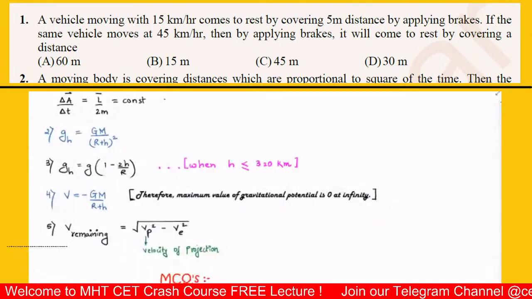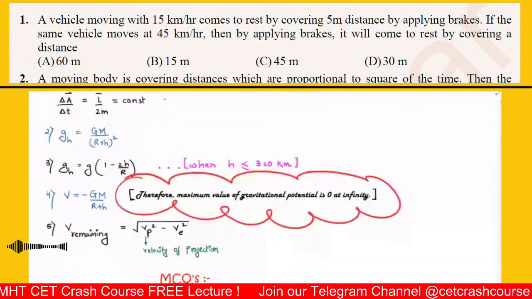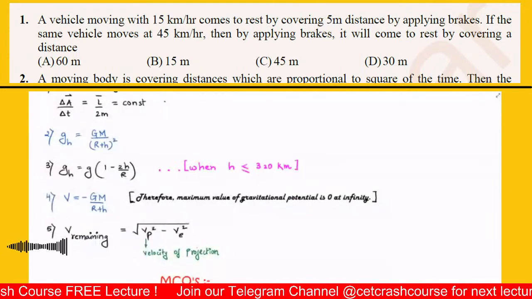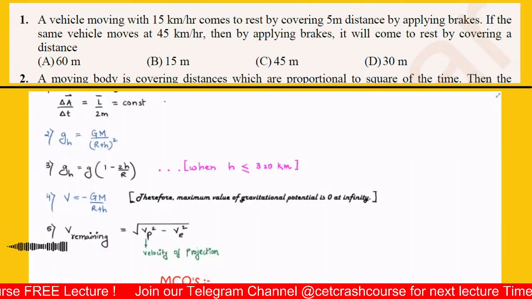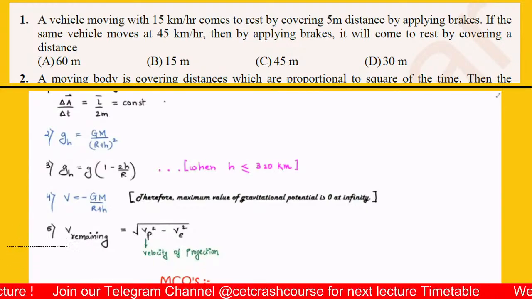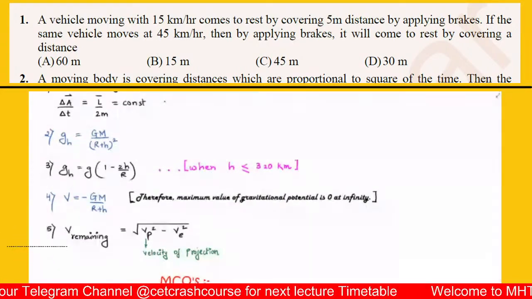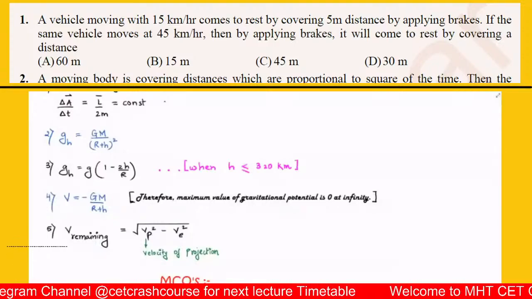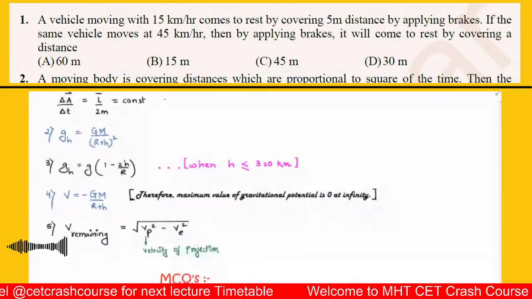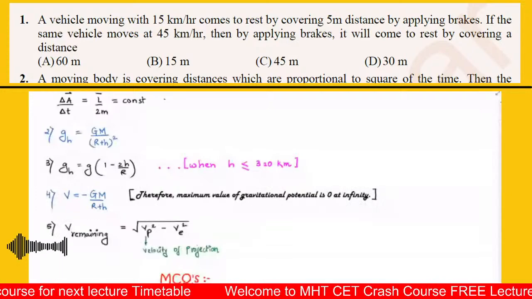Therefore, remember that the maximum value of gravitational potential is 0 at infinity. Students, a one mark question can definitely be asked: what is the maximum value of gravitational potential? The maximum value is 0, and it is found at infinity.